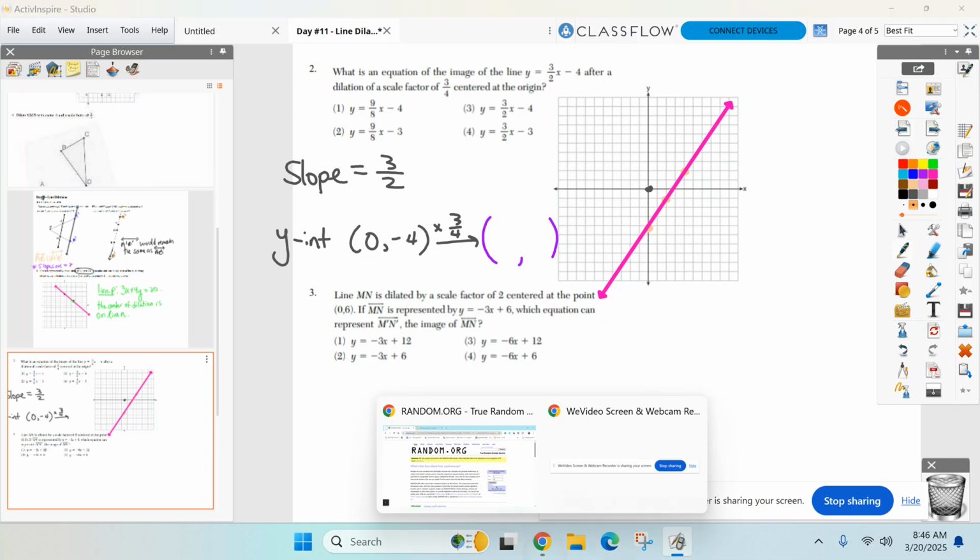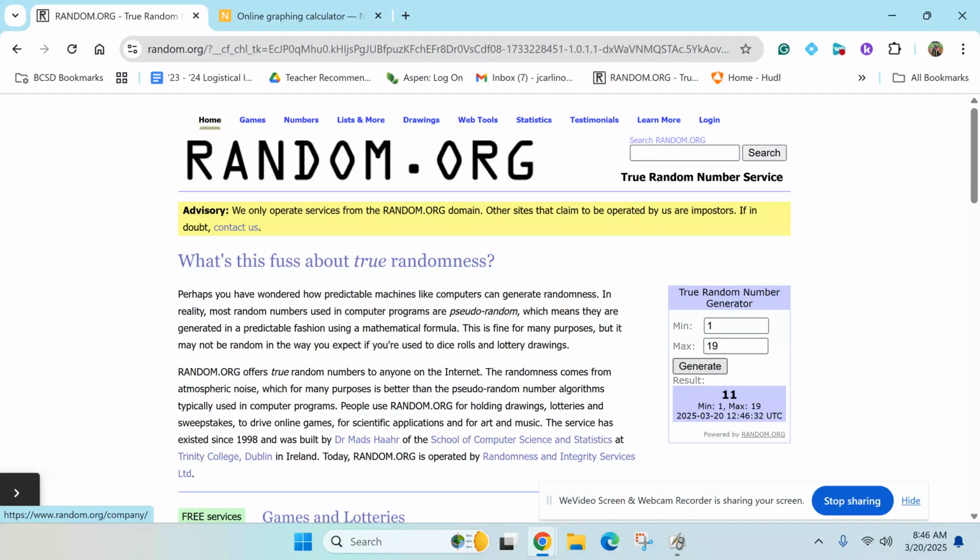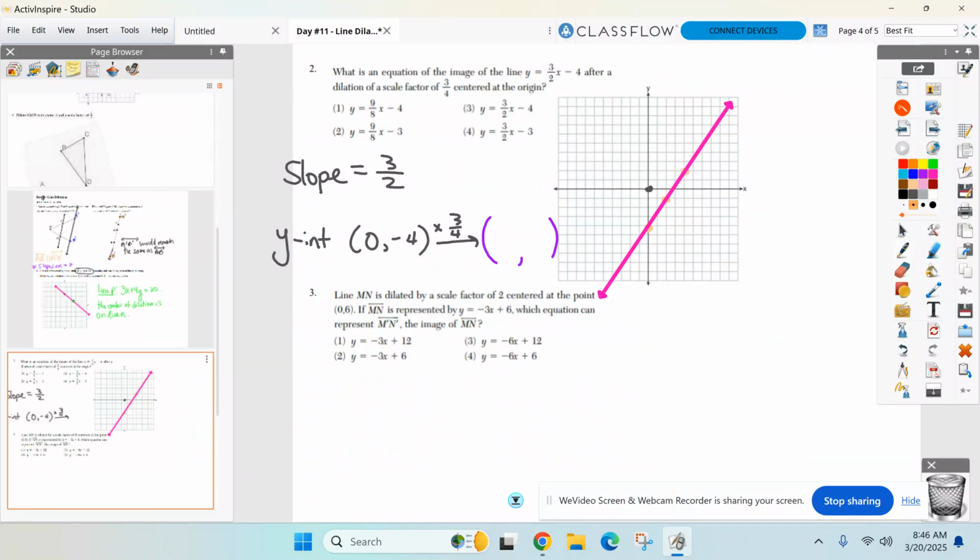And what's my new y-intercept here now? What's my new y-intercept? Sticks, Jonathan? 0, -3. Yep. So let's put the two together now. Slope of 3/2, y-intercept of -3. Looks like we're going with choice 4 here. Dilated lines remain parallel.